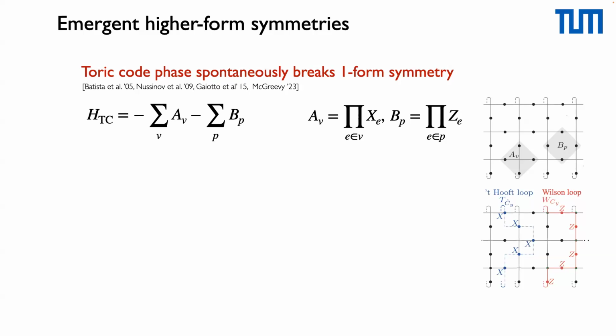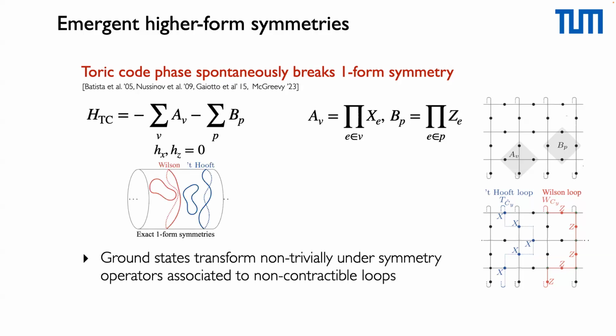a string of x operators and also with a string of z operators defined in the following way. And these go by names like 't Hooft loops and Wilson loops. If we now take the ground state of the Toric code and put it on a non-trivial manifold, for example a torus, then we find that the ground state wave function actually transforms non-trivially under operations associated to non-contractible loops.